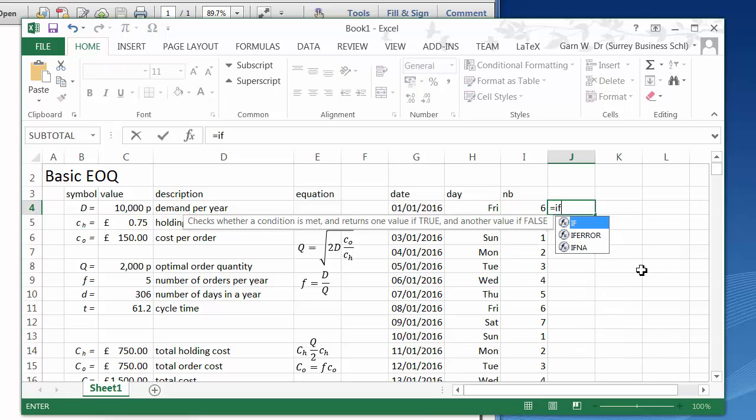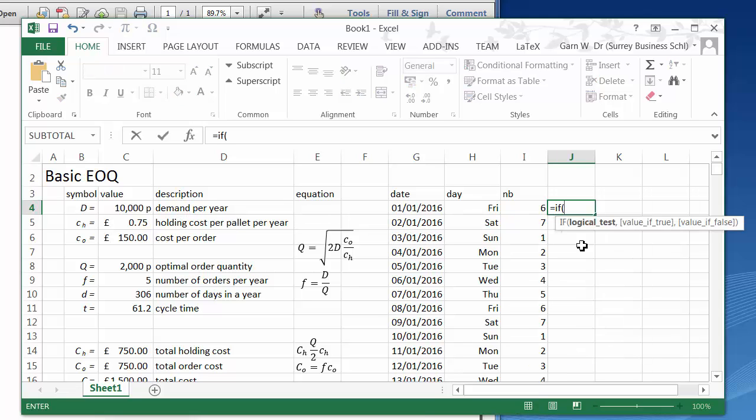So how do we do that? Simple if statement. If this one is equal to 1, then we don't include it, otherwise we count it.